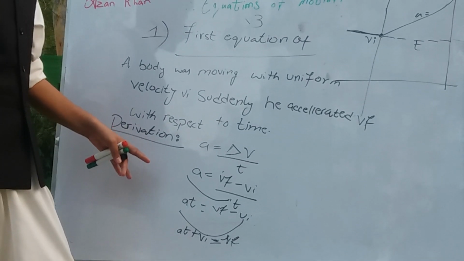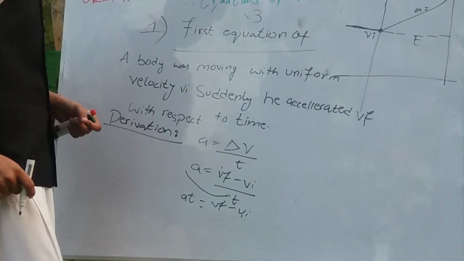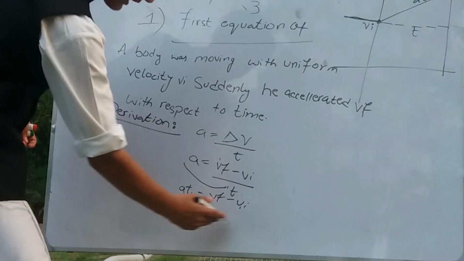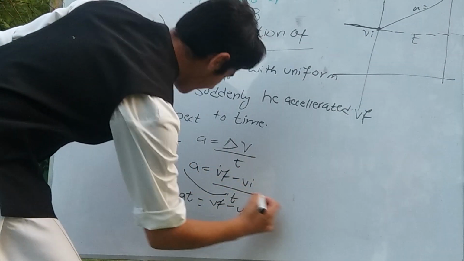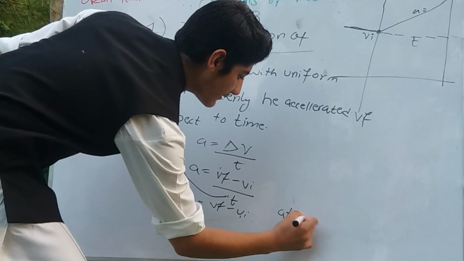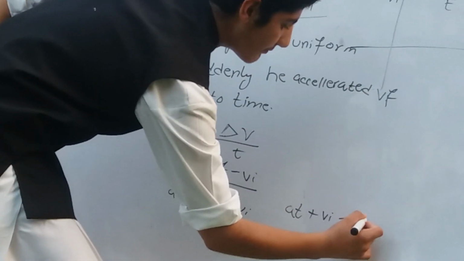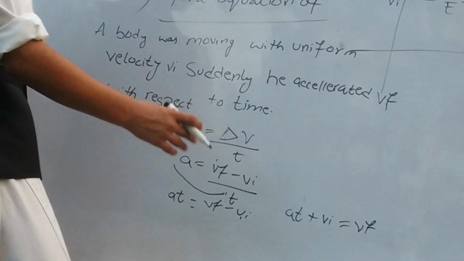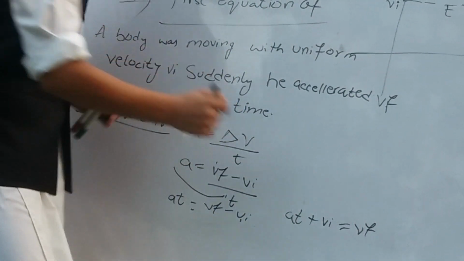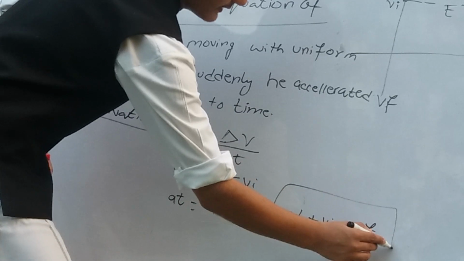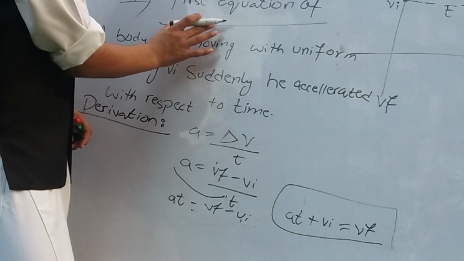When we shift it right here, at plus Vi is equal to Vf. So this is the first equation of motion.